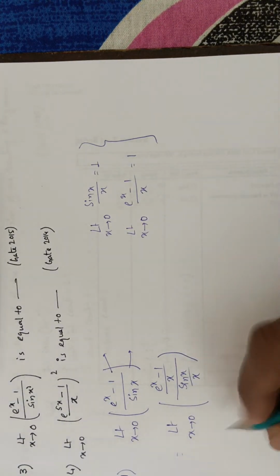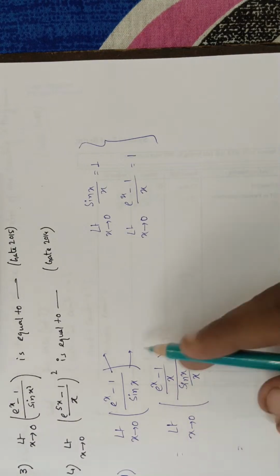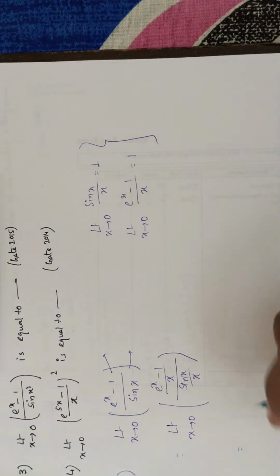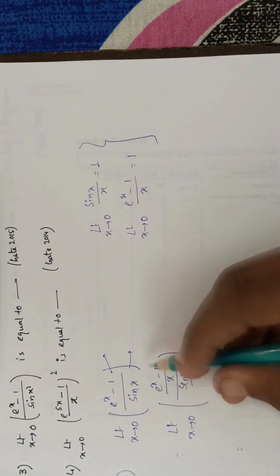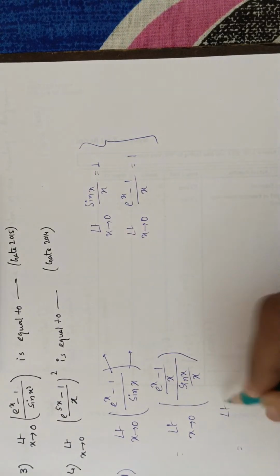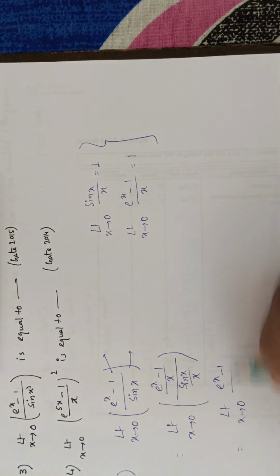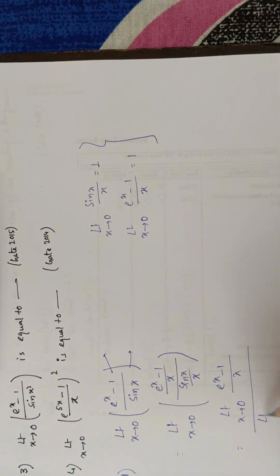The 1 by x is cancelled out from each. If we apply the limit to the numerator and denominator both, we get limit x tending to 0 of e to the power x minus 1 upon x, upon limit x tending to 0 of sin x upon x.